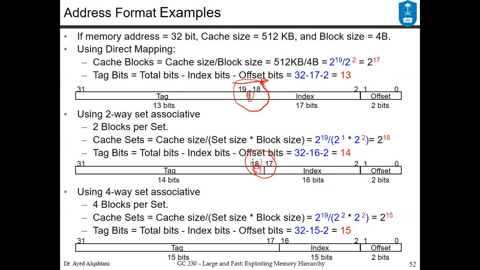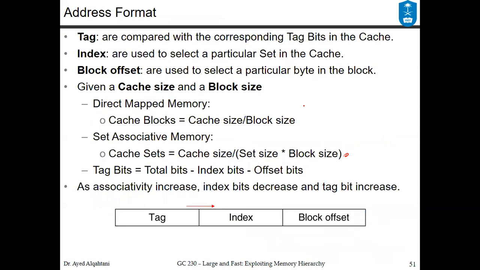So now we have bit number 18 in the tag, and we are taking the 18 out of the index. Notice that the index was 17 bits in the direct mapped cache, and now it is only 16. This is what we mean by this red arrow that we've shown here. This line moved this way.